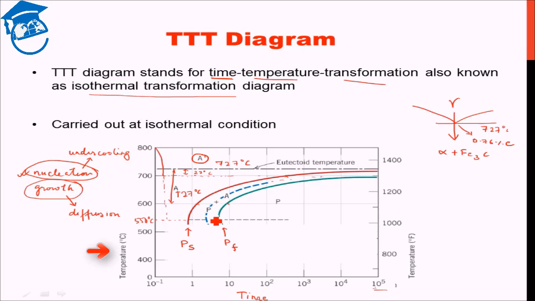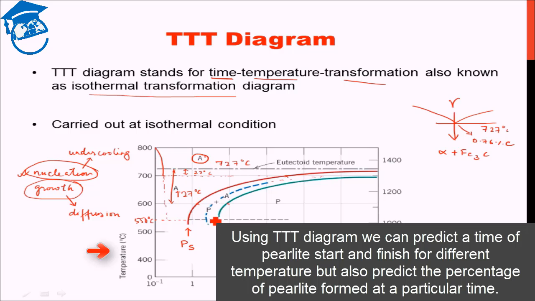So we see that using the TTT diagram, not only can we predict at what time we will have pearlite start and pearlite finish for different temperatures, but also we can predict at any intermediate time what percentage of pearlite is formed and what percentage of austenite still remains in the system.